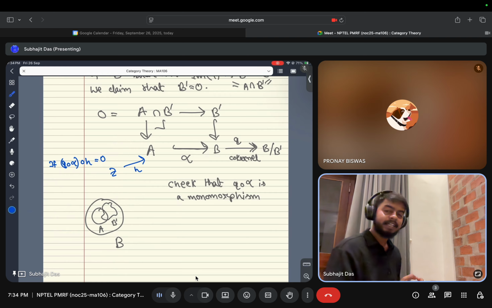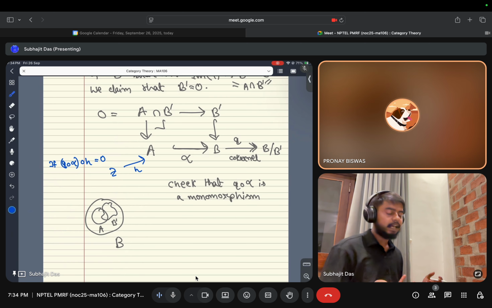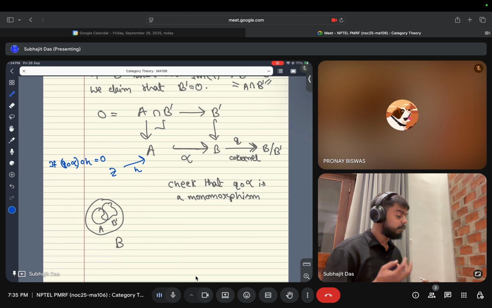What we would really want is this map H to be 0, right? Which means that H should factor through the 0 object.